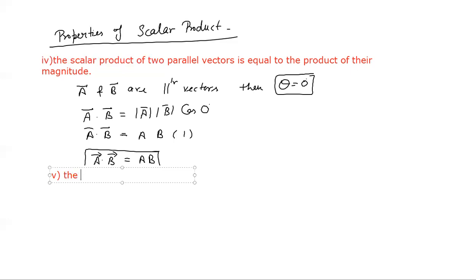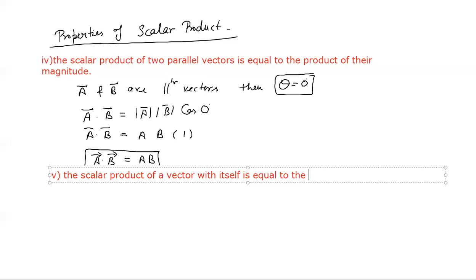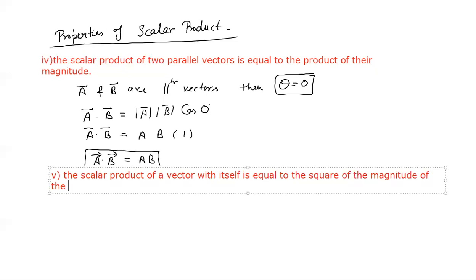The scalar product of a vector with itself is equal to the square of the magnitude of the vector.